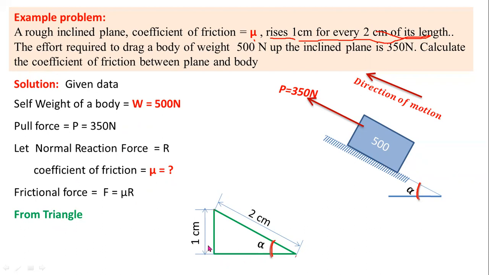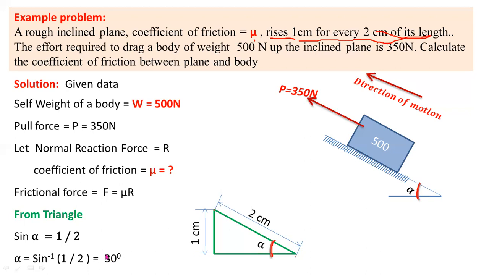Already we know that this is the opposite side, this is the hypotenuse. So sine theta or sine alpha equal to opposite side by hypotenuse. So opposite side is 1 centimeter, hypotenuse is 2 centimeters. So sine alpha equal to 1 by 2. Therefore alpha equal to 30 degrees. Okay.